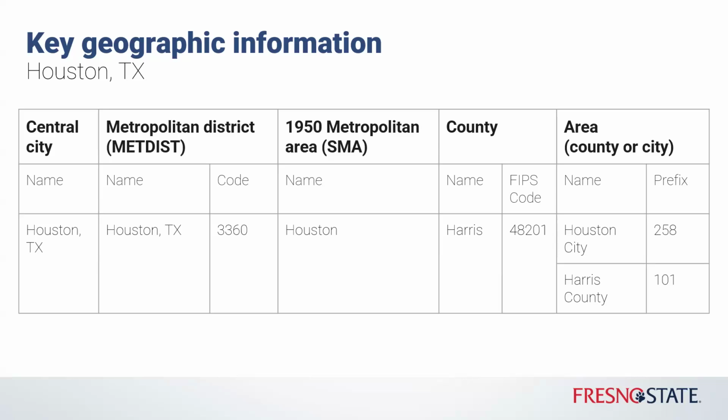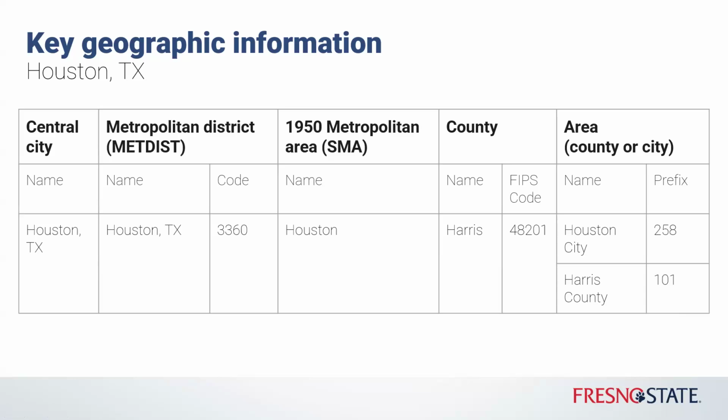There is an enumeration district 258-10 and an enumeration district 101-10. You need that prefix so that you know if you're in the central city of Houston or if you're in the area outside of the central city of Houston. You don't want to get those 2 things mixed up because those are different places. So make sure you have your prefixes documented.